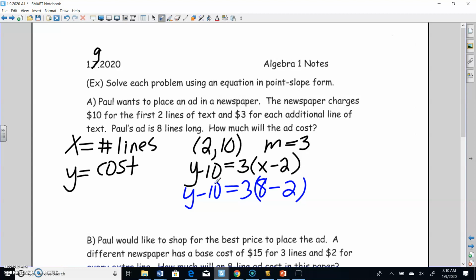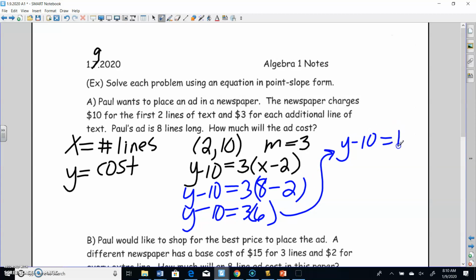So 8 minus 2 is 6. So I get 3 times 6 equals y minus 10. What is 3 times 6? 18. So y minus 10 equals 18. Add 10 to both sides. y equals 28.